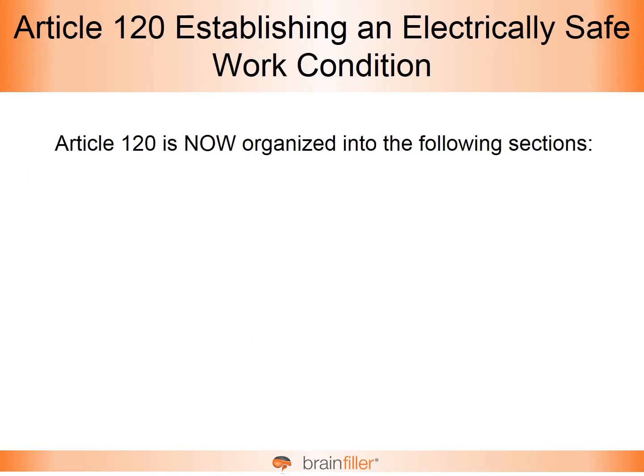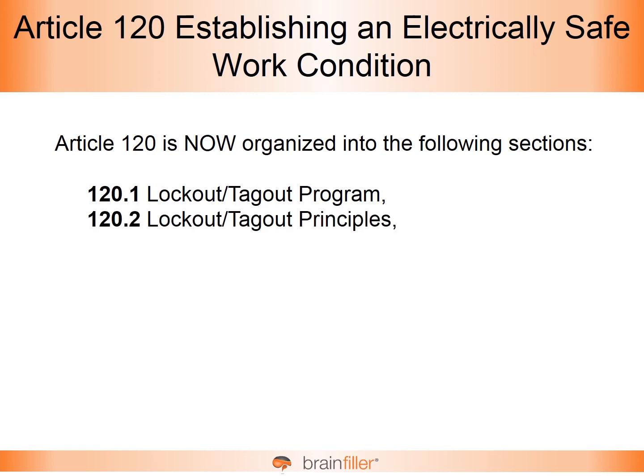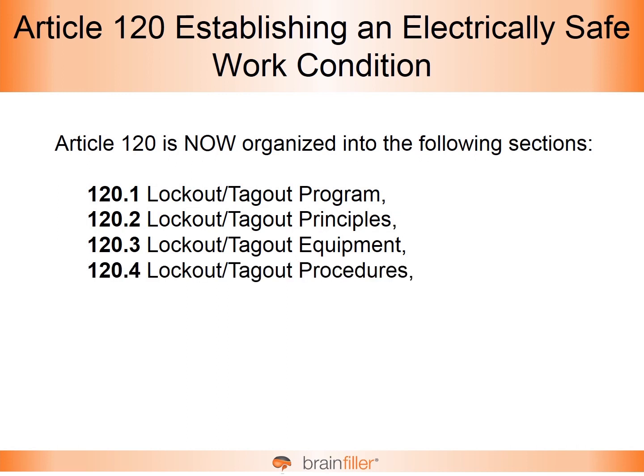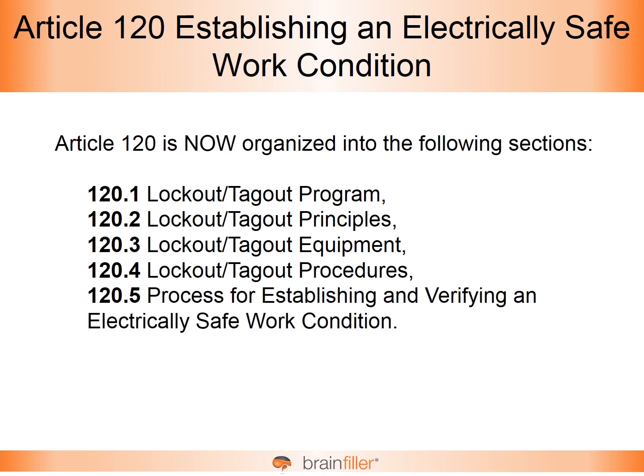The new structure is 120.1, the lockout tagout program. This is followed by 120.2, the lockout tagout principles, 120.3, the lockout tagout equipment, and then 120.4, lockout tagout procedures. So this goes from program to principles to equipment, then on to procedures.